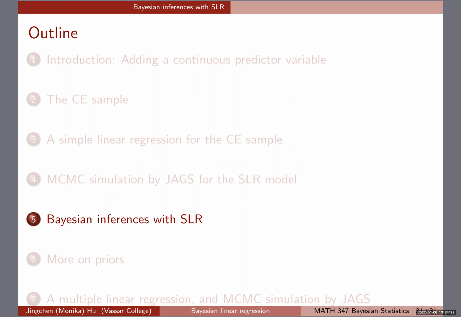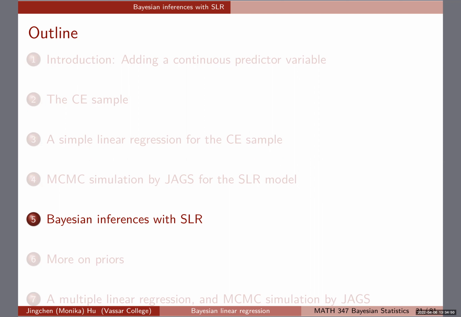And then we talked about how to think about priors for the three different parameters: an intercept, beta 0, a slope, beta 1, and then also sigma from the normal model. So that's why we have three parameters. We used weakly informative priors for posterior inference, and then we also introduced how to write JAGS code for doing that estimation. Okay, so that was a recap of what we did.